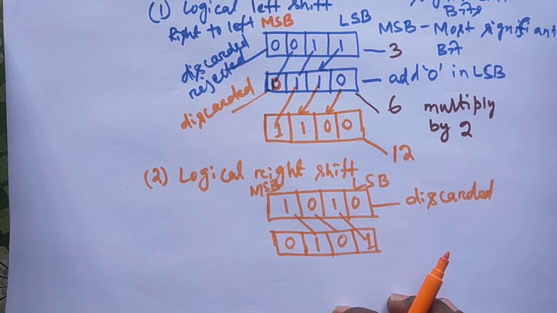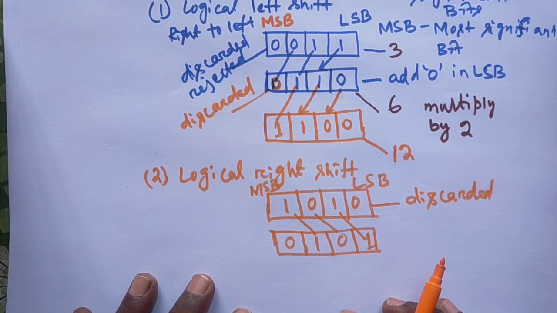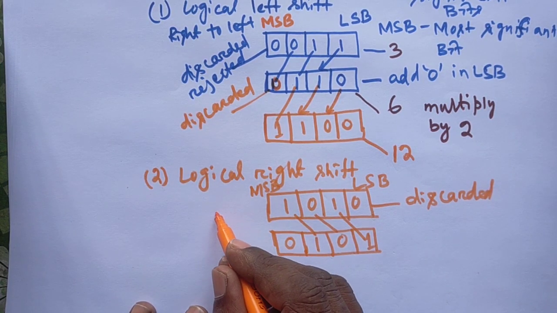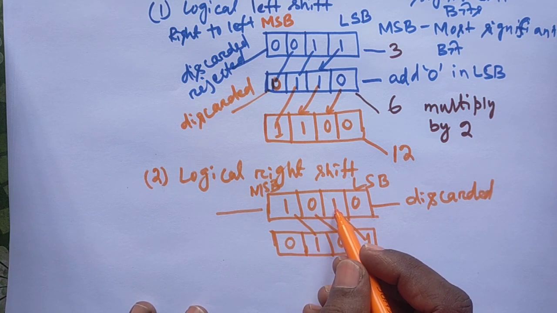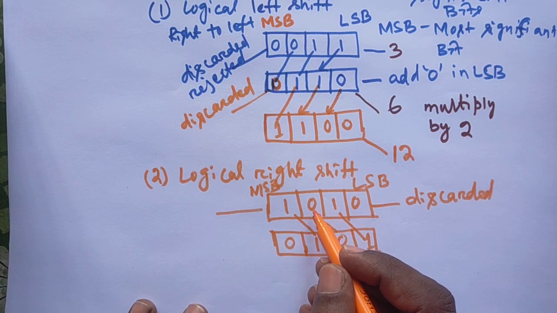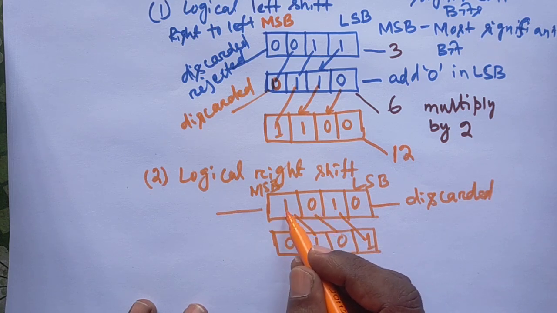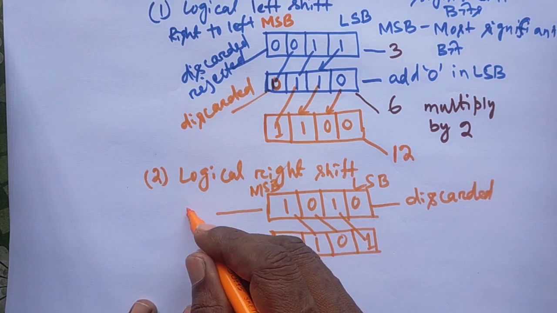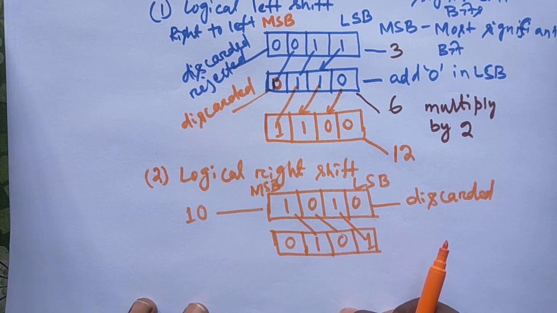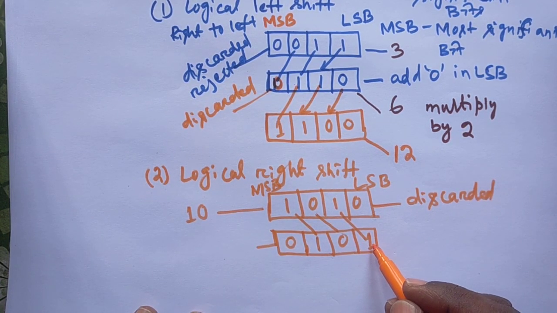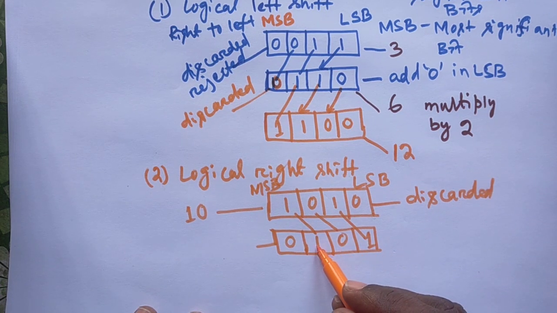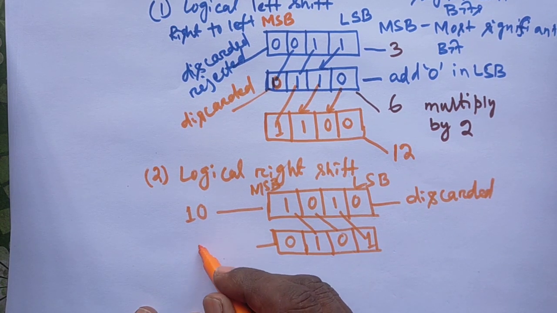So very simple. Now check it. What is the result? If you calculate the decimal number of this, here is 2, here is 0, here 2, 4, 8. 8 plus 2, the decimal number is 10. Now if you calculate here, here is 1, here is 2, 4. 4 plus 1, that is 5.